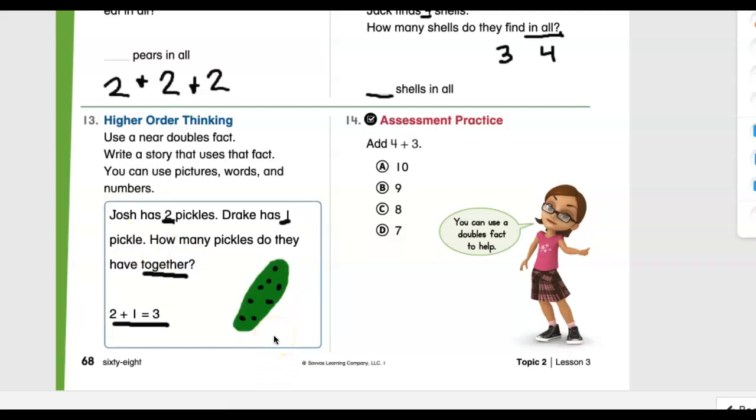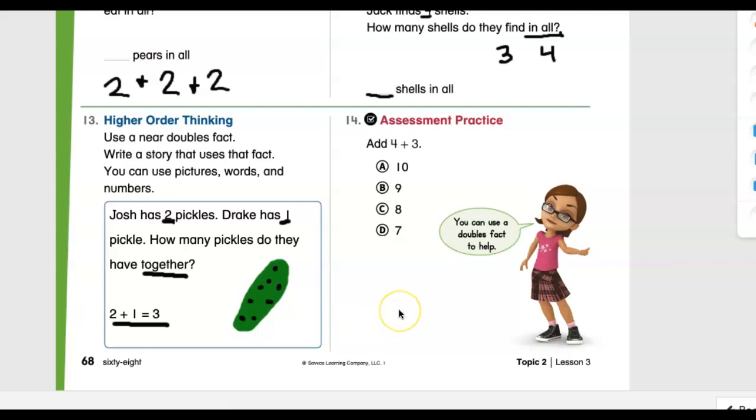So boys and girls, for your answer, you can use any near doubles fact and make your own story, and then you can draw a picture. So you can use my answer as an example, but please don't copy what I did. I want you to make your own answer choice. And you'll probably need to pause the video to work on that one because this one took Mrs. Collier about a minute or 2 to type up and draw my pickle.